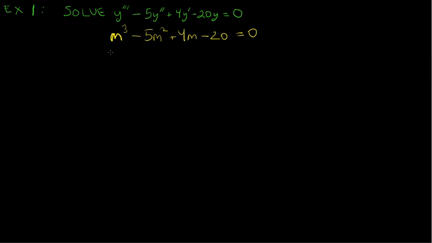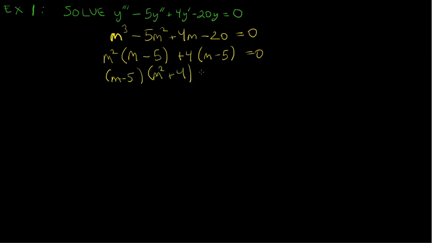I'm just going to factor by grouping, so I'm going to factor out the m squared from the first two terms, leaving us with m minus 5 for the other factor, and then factor out the positive 4, leaving you with another m minus 5. All right, so now we can factor out the m minus 5. And then the other factor would be m squared plus 4.